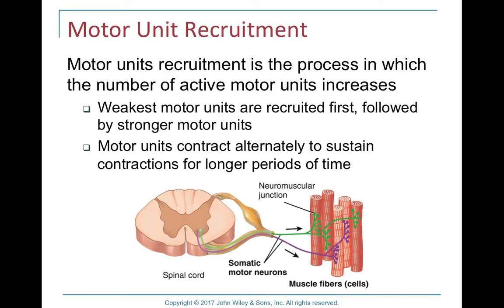So basically, by recruiting the weak first, the muscle has figured out that it can have a stronger contraction. And so we take these motor units and allow them to contract alternatingly to sustain our contractions for longer periods of time.